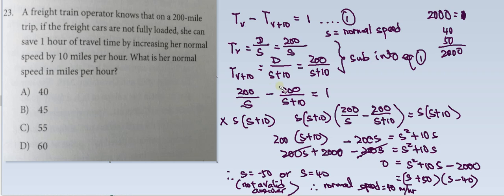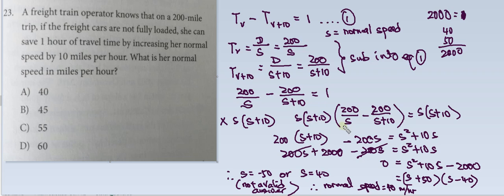After you substitute T and T2, it is equal to 1. Let's multiply the denominators, S and S plus 10, across.